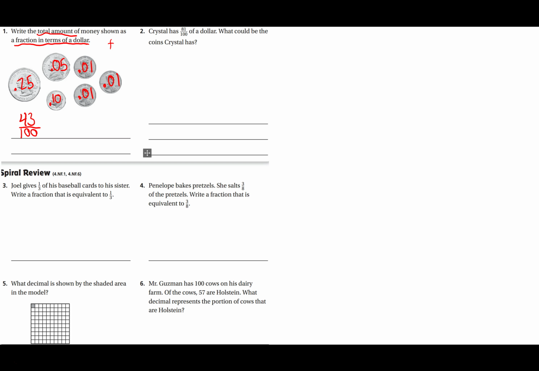Okay, number 2. Crystal has 81 hundredths of a dollar. What could be the coins Crystal has? So now it's basically the opposite of question number 1. This time they gave us that answer of 81 hundredths, right, which you see here.